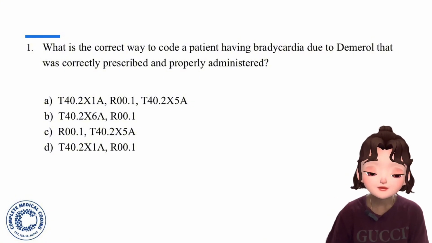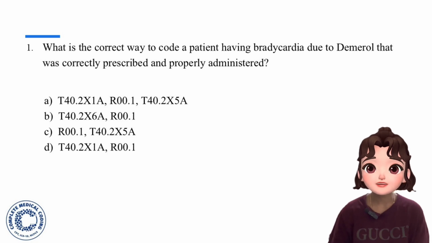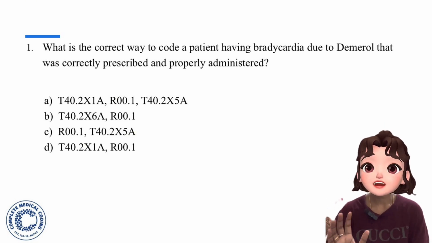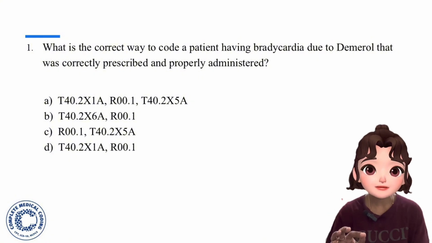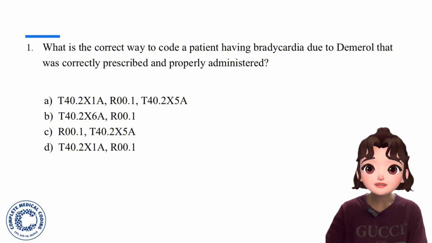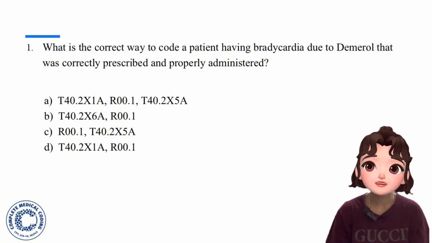So the sequencing should be like that. Since R00.1 should be the primary code, our answer will be option C, but still we will check the secondary code in option C. So R00.1 along with the T code, which is T40.2x5a.